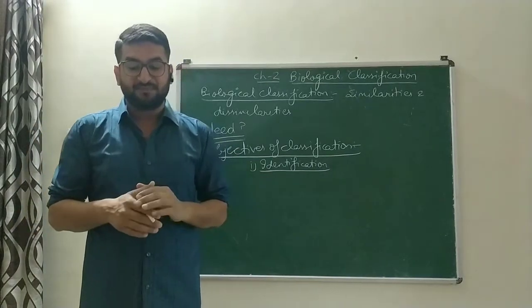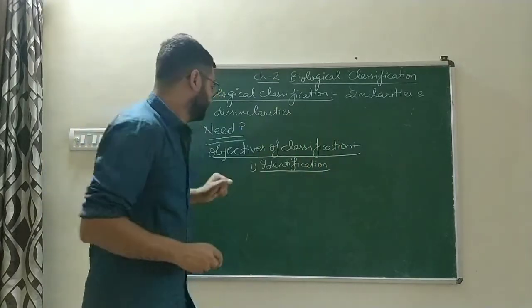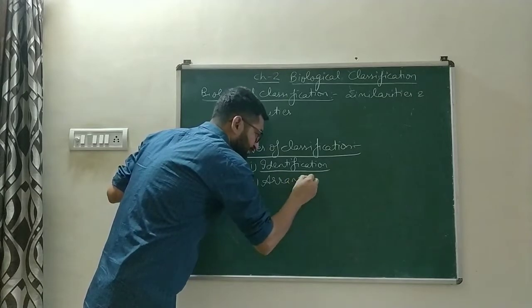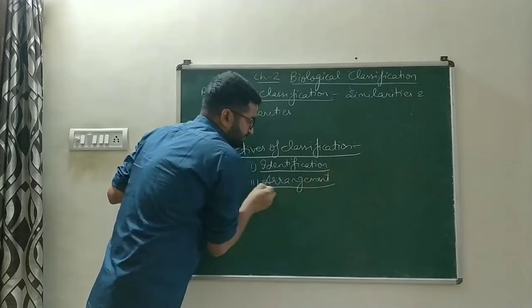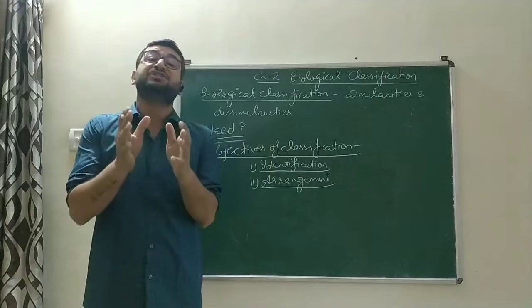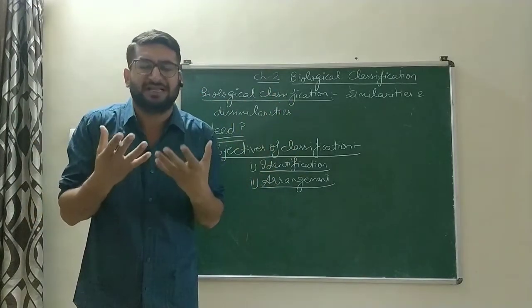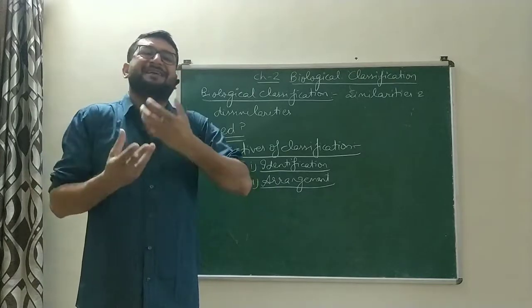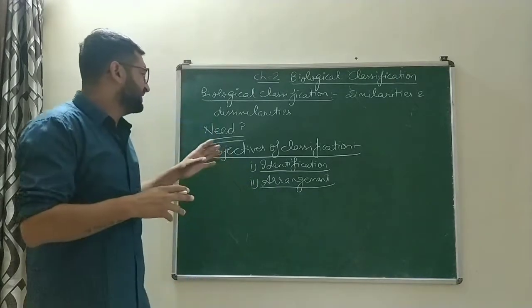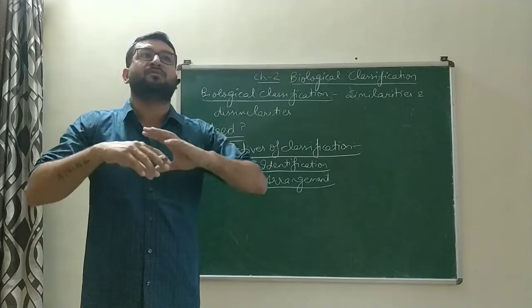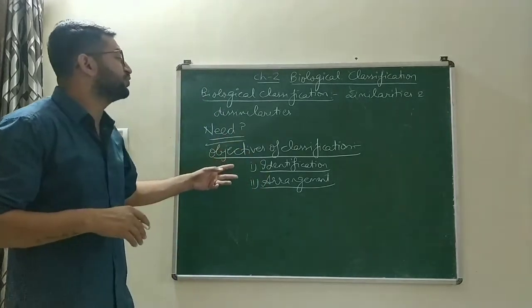Next is arrangement of the species. To arrange the species in a fixed manner, we need classification. So these are the objectives which lie under the classification system. There are certain more objectives, but we will study these main two.